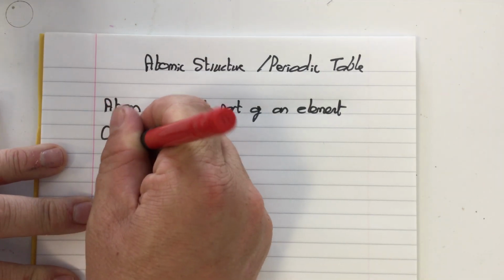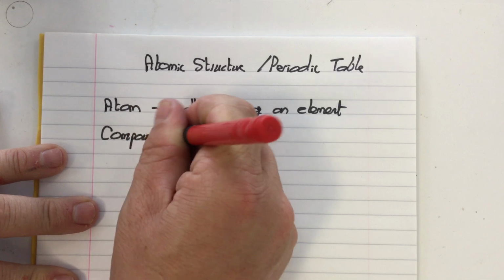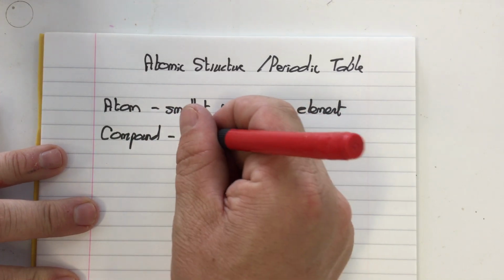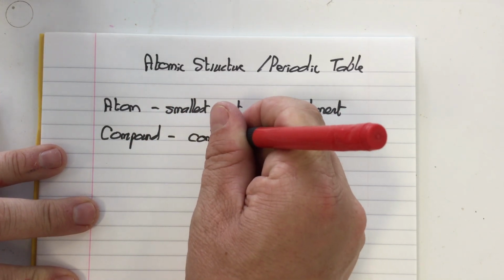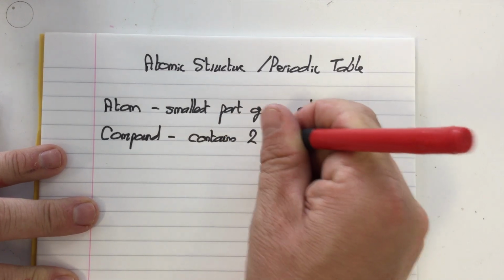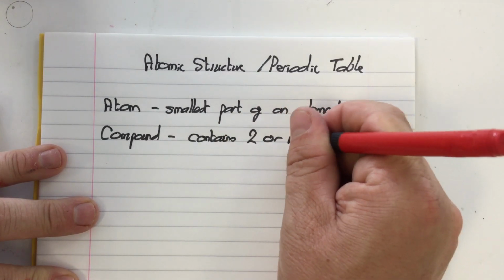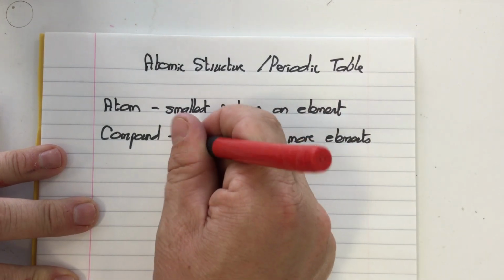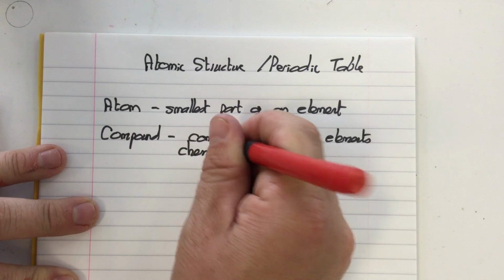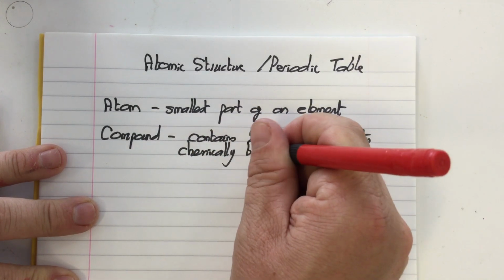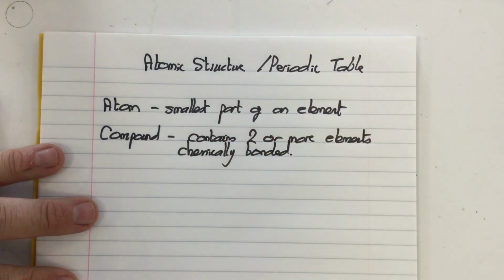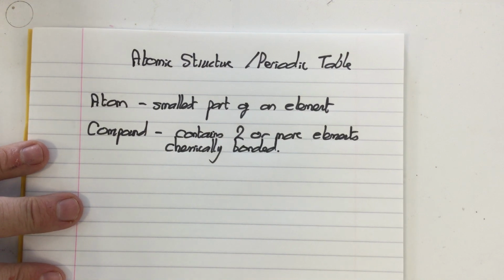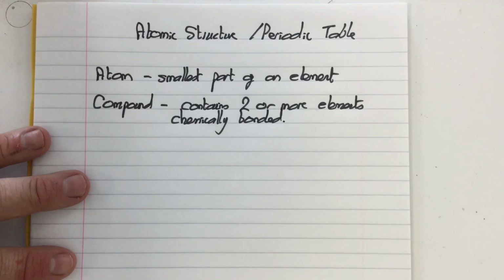And a compound, which you may have heard of, contains two or more elements chemically bonded. Okay, so an atom is the smallest part of an element, and a compound contains two or more elements chemically bonded. You need to learn those definitions off by heart.